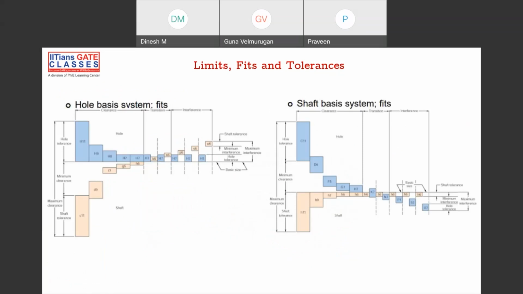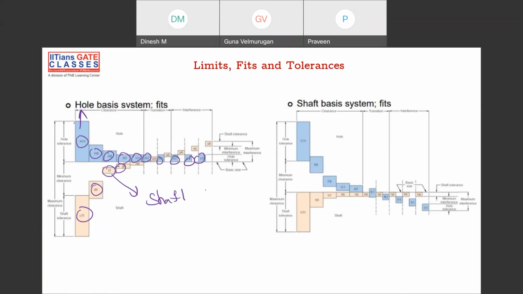Now, this is where the fits come in. Till now we have discussed limits and tolerances, but we haven't discussed fits. There are three different fits, but before that we'll see what is shaft basis and hole basis. This is one kind of standard they are trying to follow. If you see, all the letters start from capital H, capital H, capital H. Capital H's represent the hole, and whatever is written in small letters represents the shaft.